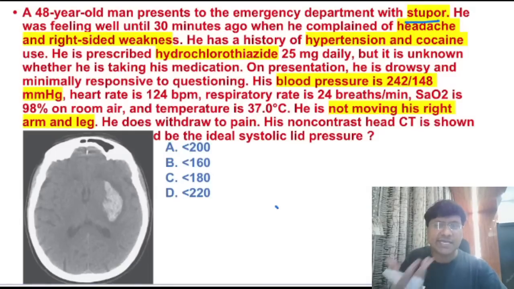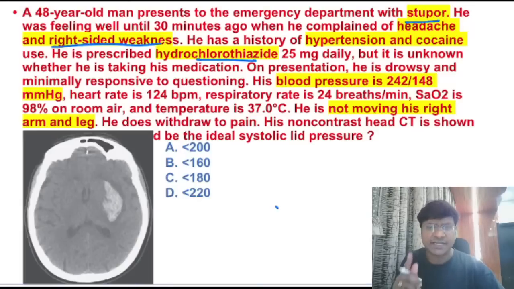It is near unconsciousness. It is not completely unconsciousness, near unconsciousness. He was feeling well until 30 minutes ago, when he complained of headache and right-sided weakness. He has a history of hypertension and cocaine use. He is prescribed hydrochlorothiazide 25 milligrams daily, but it is unknown whether he is taking his medication.